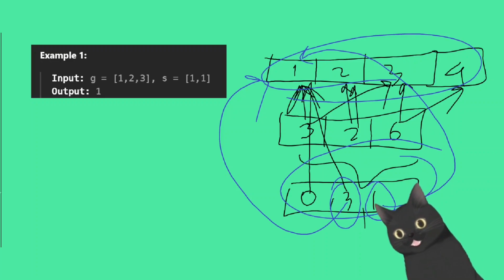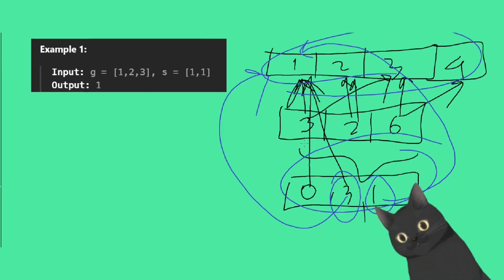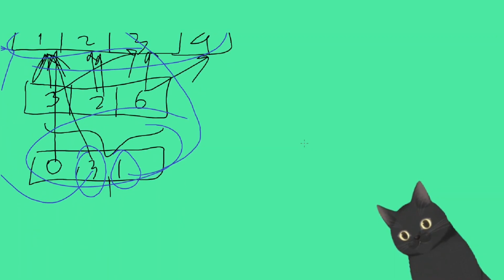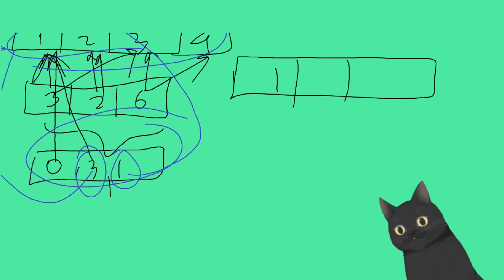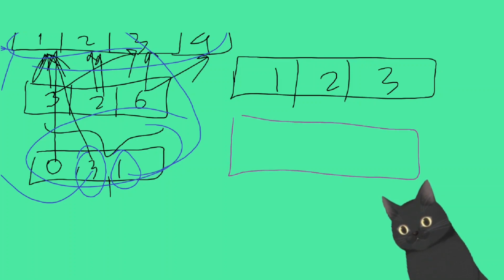So the approach basically involves using 2 pointers. This is the greedy array 1, 2, 3, and this is the size of the cookie array 1, 2.